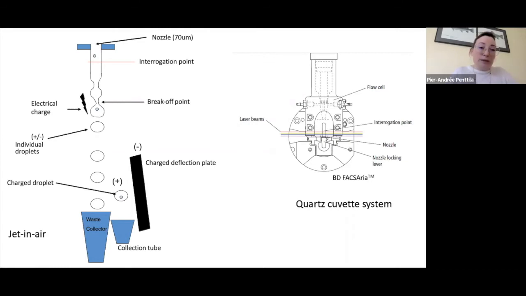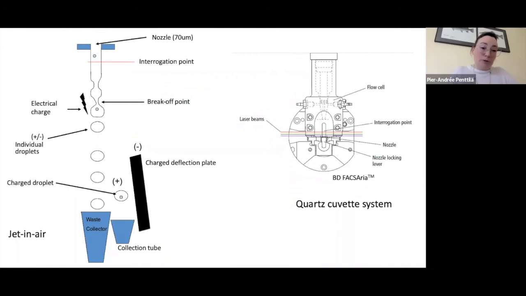And what this means in a practical sense is that there's far less dead time typically. So jet in air systems tend to have a much faster rate of interrogation and can be run much faster than typical quartz cuvette systems.